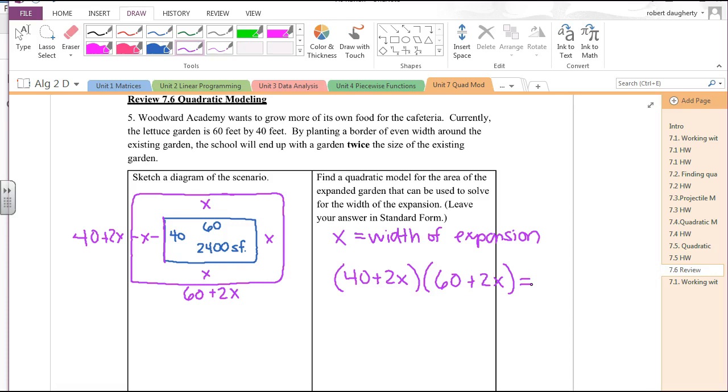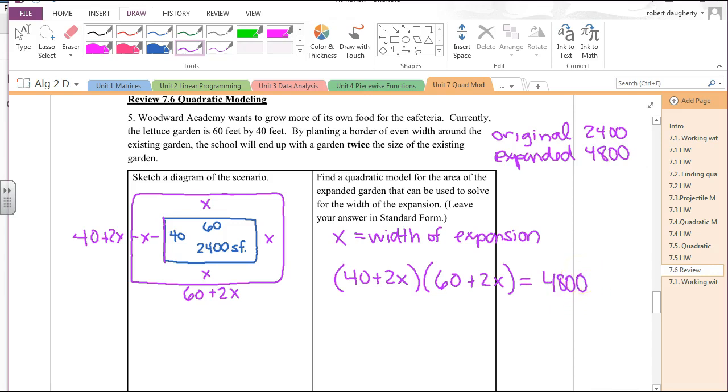So if my original garden is 2,400, then my expanded garden has to be 4,800.